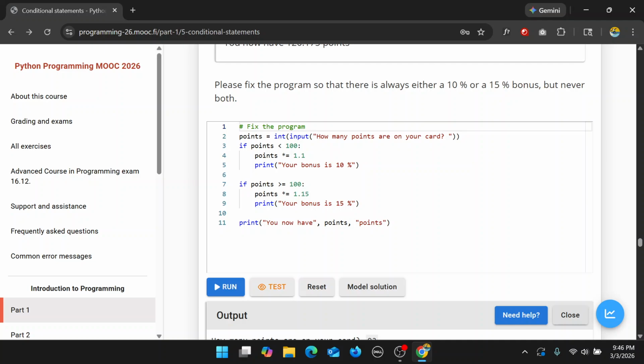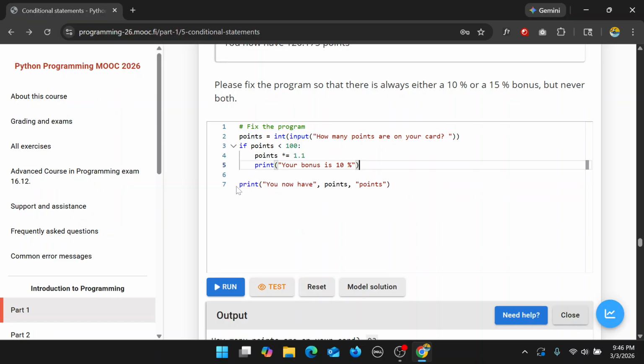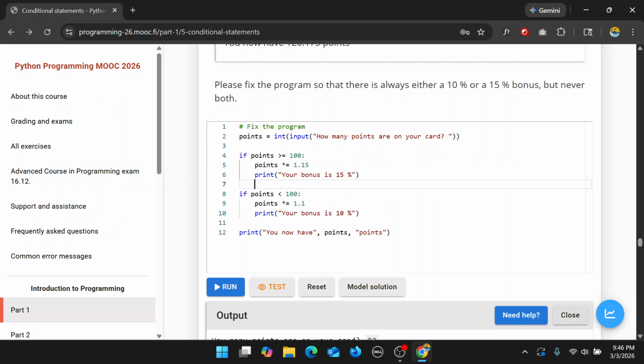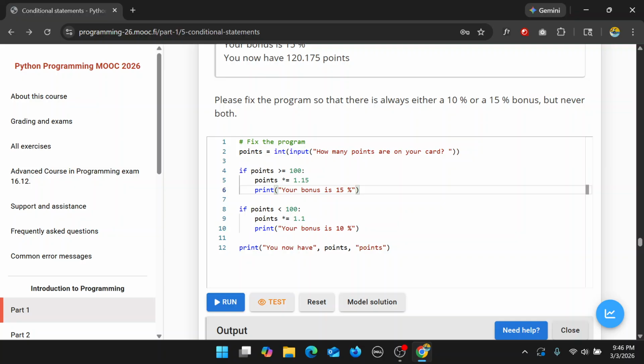And then it calculates that bonus as well and prints out that the 15% bonus has been applied and then prints out the final points total. So I think if we just reverse the order of this, it should work. Say, for example, if we have points above 100, then it will apply the 15% bonus. But if it's anything below 100 points, then it'll only do this.